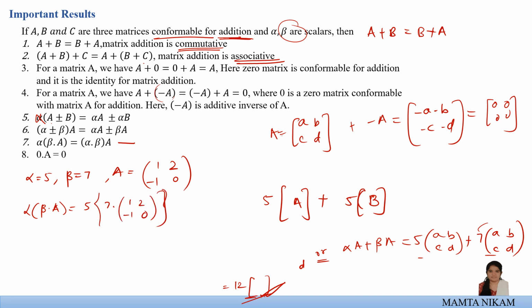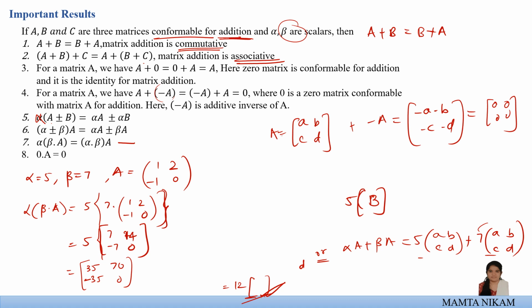The scalar multiplies each element, so 7 times 1 is 7, 7 into 2 is 14, minus 7, and 0. And when you multiply the scalar 5 to this matrix, it will be 35, 5 into 14 is 70, minus 35, and 0. This is the value of alpha into beta into A.